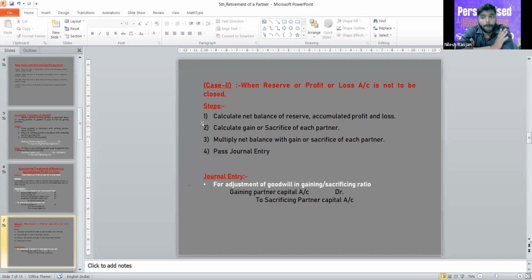But in this case, we have to add or deduct any profit or loss given. If there are two profits, we will add those two profits given in the question, and we will deduct if any loss is given. So we will calculate a net balance. So calculate net balance of reserve, accumulated profit and loss.